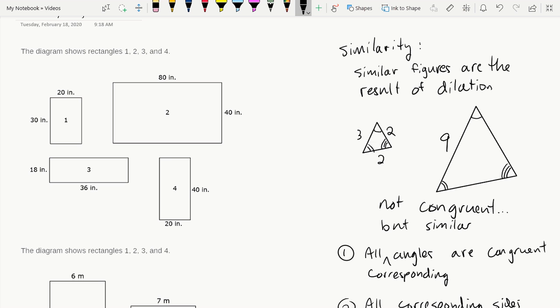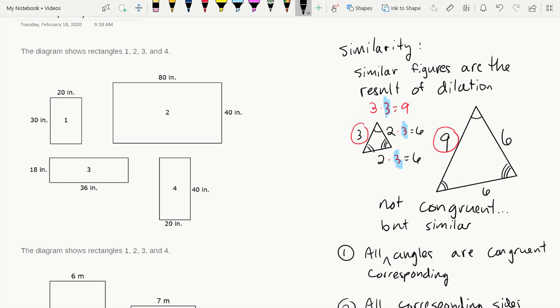That means 3 got multiplied by 3. 3 times 3 equals 9. To find my other sides, I would also need to multiply them by 3. Notice that we're multiplying by the same thing for all 3 sides. So now I would have 6 here, and I would have 6 here.